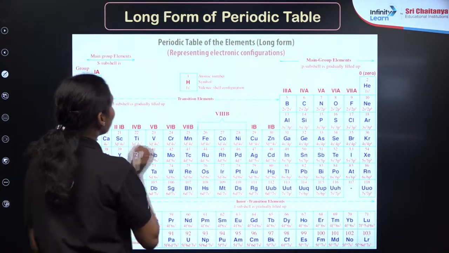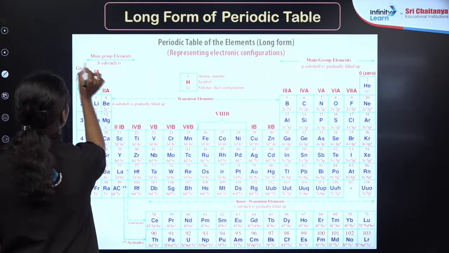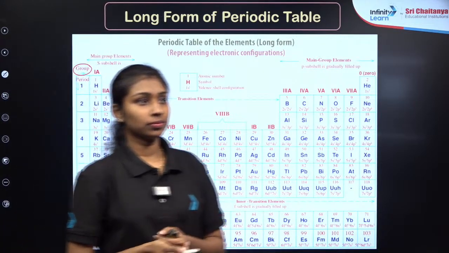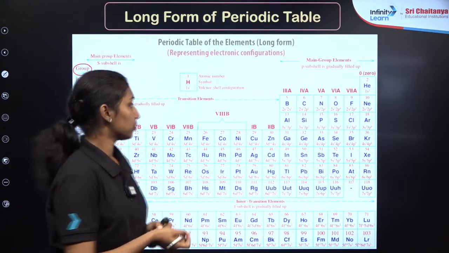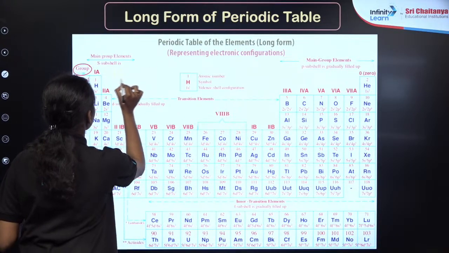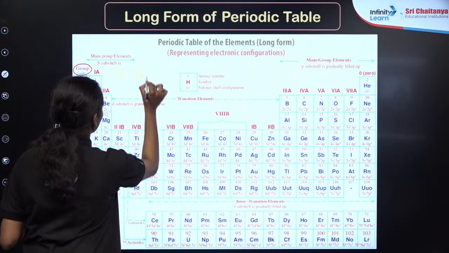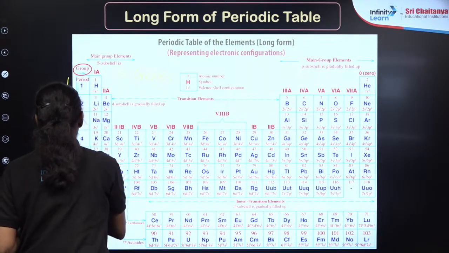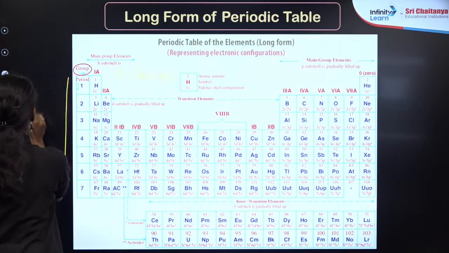Anyone? All these elements are classified into 18 vertical columns, right? Called groups. Similarly, 7 horizontal rows, right? Periods.